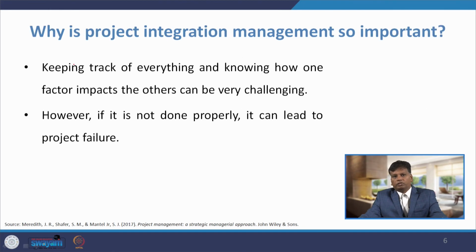Then why is project integration management so important? Suppose in a project we have to track many aspects like cost, time, schedule, scope. Keeping track of everything and knowing how one factor impacts the other can be very challenging. However, if it is not done properly, it can lead to project failure.